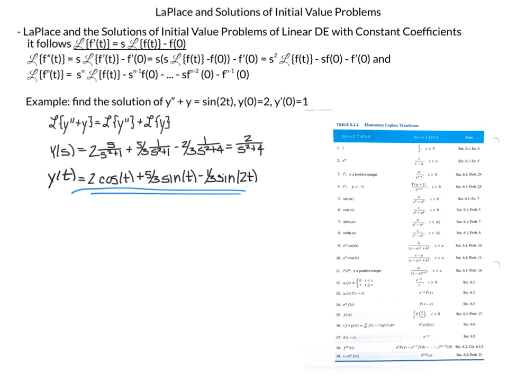So you can see, if we compare this, and we're not going to do this, but if we had done this without Laplace, first we would have had to solve the homogeneous equation. Then we would have found the particular solution to the non-homogeneous equation using the method of undetermined coefficients. And then we would have used our initial conditions to find the values of the coefficients C1 and C2.